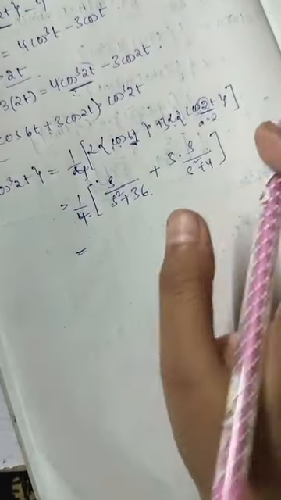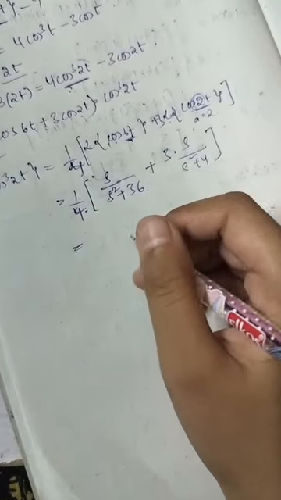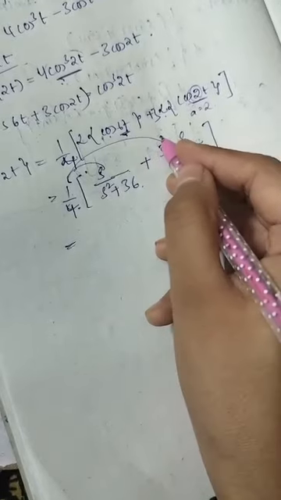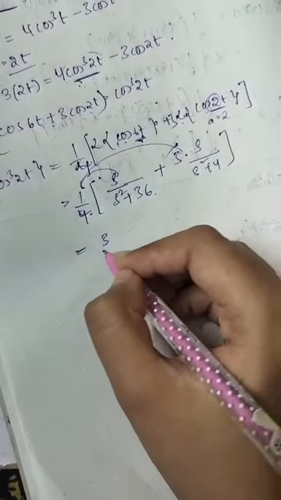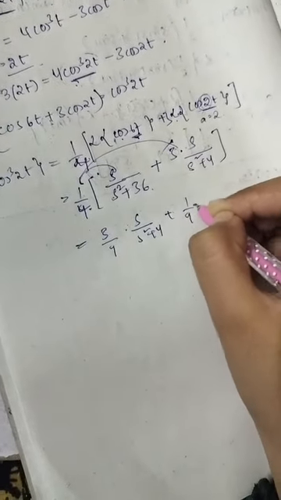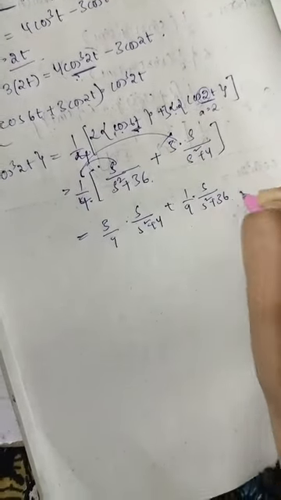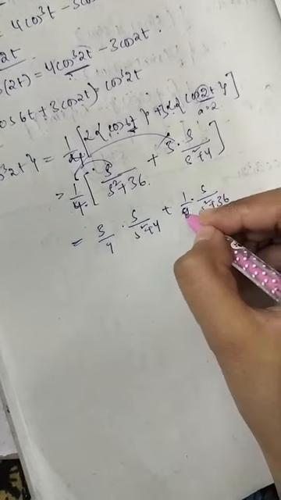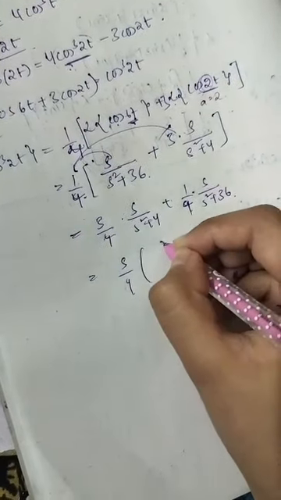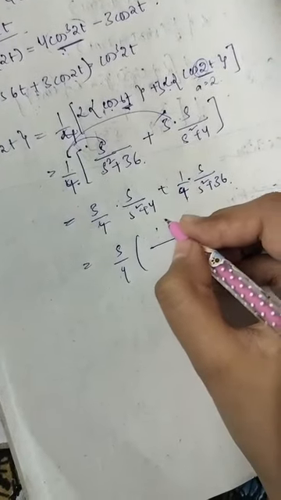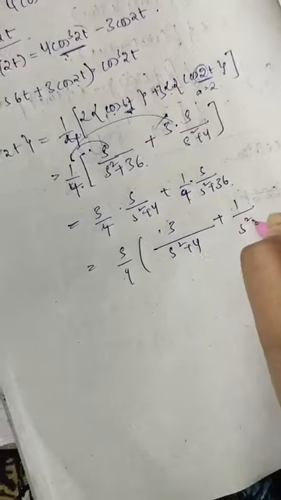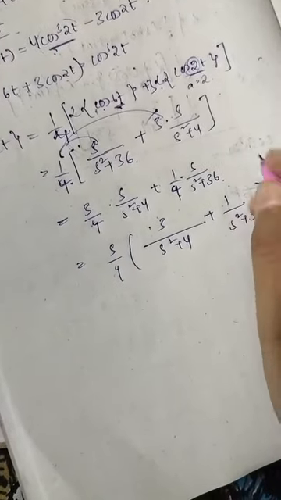We can leave this here or else we can continue solving. If we take first this one, 3 by 4 into s by s square plus 4 plus 1 by 4 into s by s square plus 36. Then we get s by 4 of 3 by s square plus 4 plus 1 by s square plus 36.